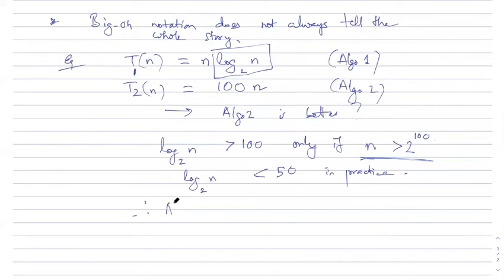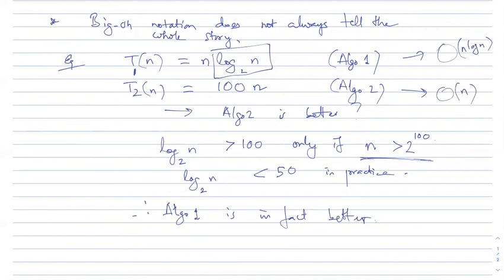So algorithm 1 is in fact better. That's why big O notation does not tell the whole story, because if you express it in order notation, you will come up with this one as order of log n and this one as order of n, and you will immediately conclude that algo 2 is better.